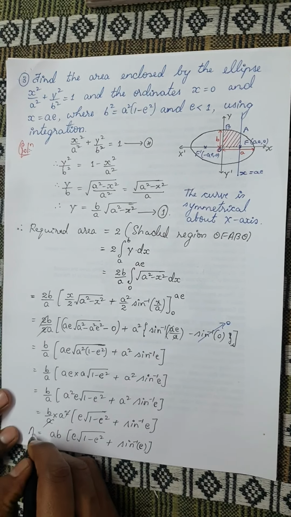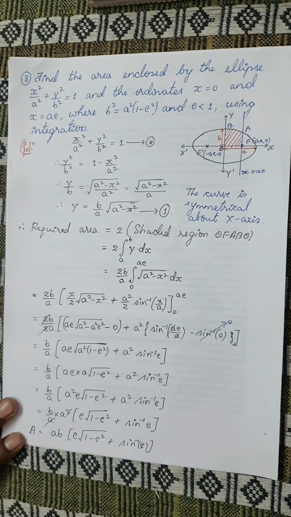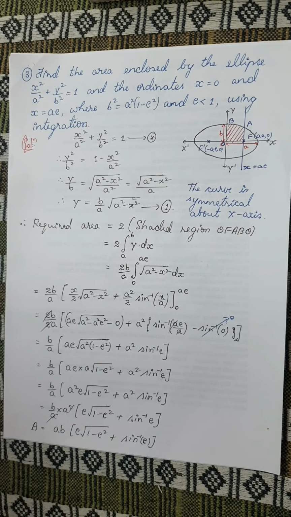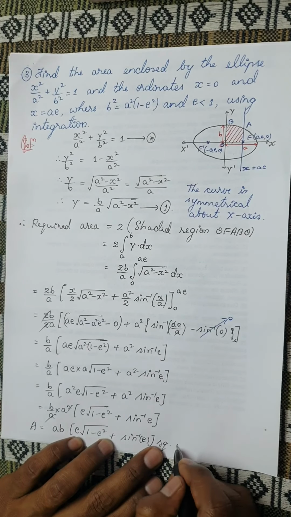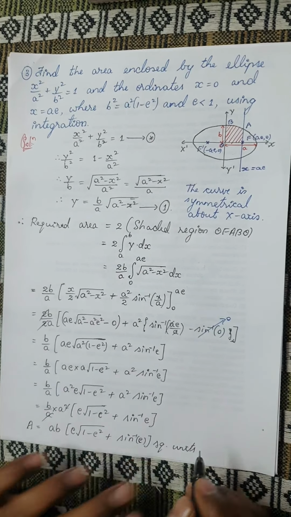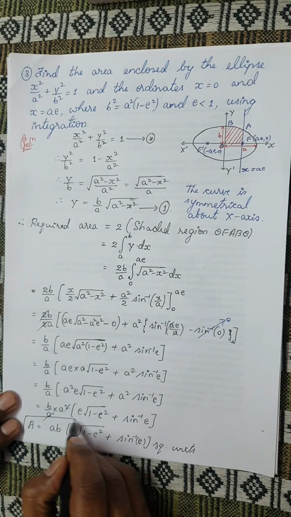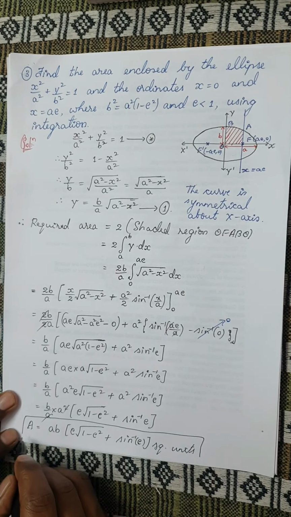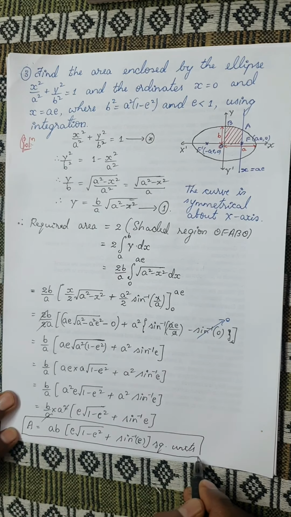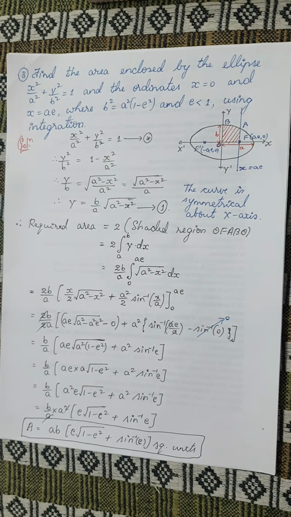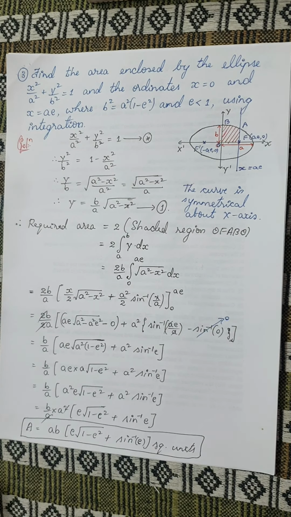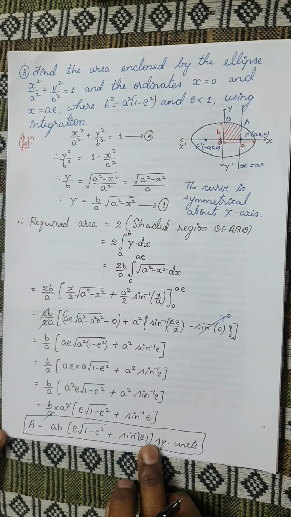This is my required area A. You can also write square units because this is the area. It is always better if you frame your final answer, because this shows your skill of portraying your final answer in the examination.